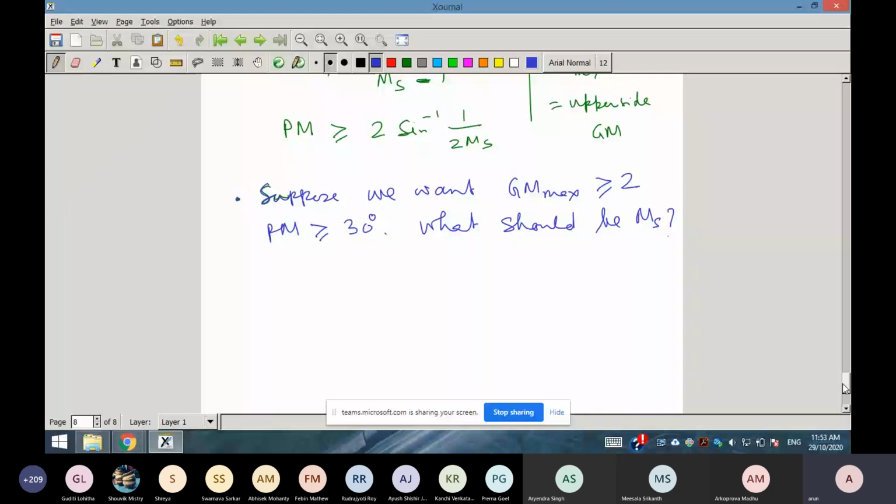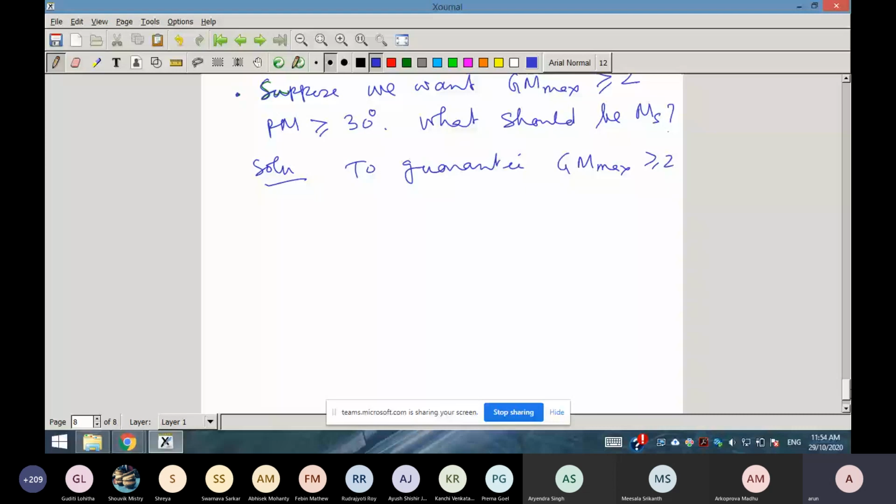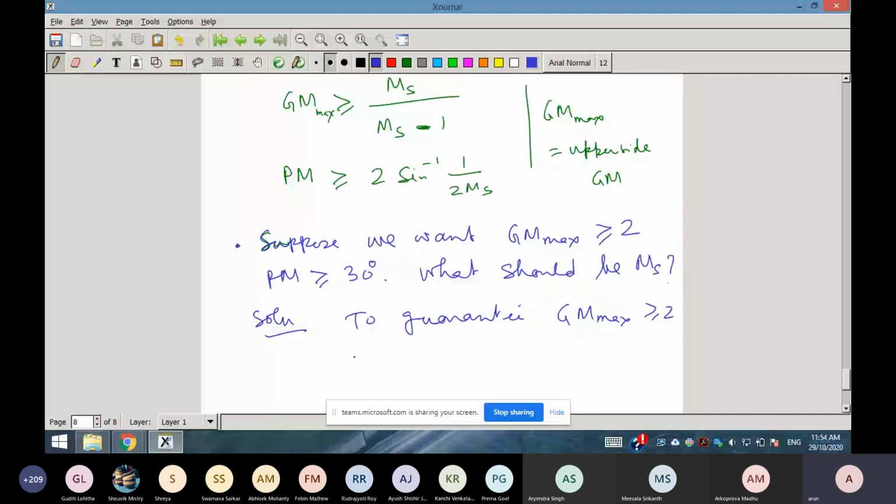So now for this example, for this question, you can easily see what I want. Solution: to guarantee GM max greater than or equal to 2, what I should satisfy is Ms by Ms minus 1 greater than or equal to 2.